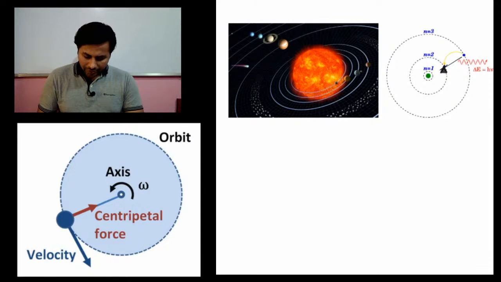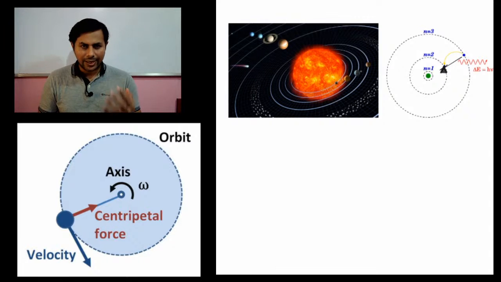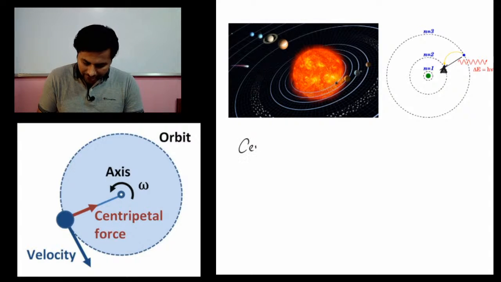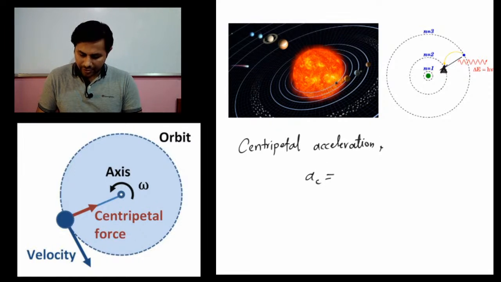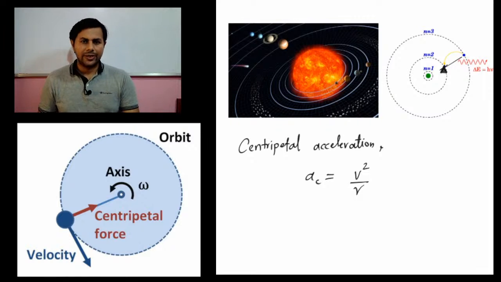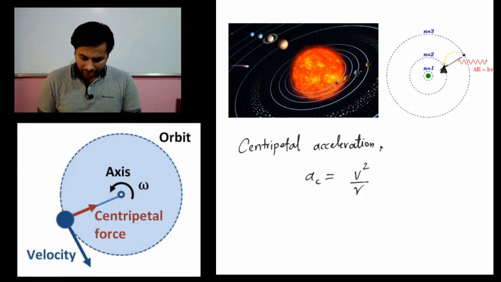Now we know from the last chapter that the magnitude of centripetal acceleration a_c is v squared over r, where v is the speed of the particle and r is the radius of the circle. It is directed along the radius and towards the center.